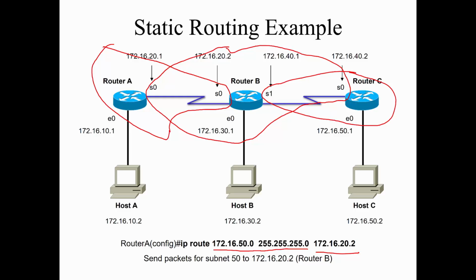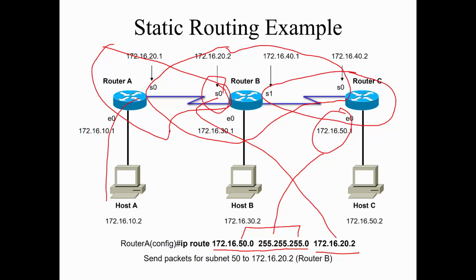So here it's essentially saying if we want to connect to 172.16.50.0, which is this network right here, send here. It happens to be this IP address. So basically, we're going to forward the information, I hate using so much red, to router B.